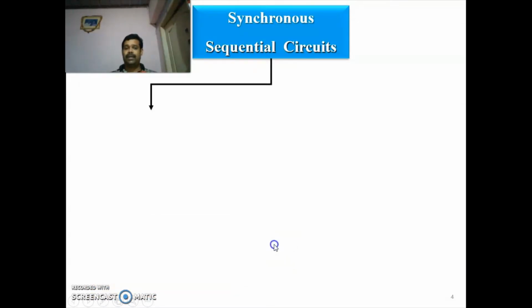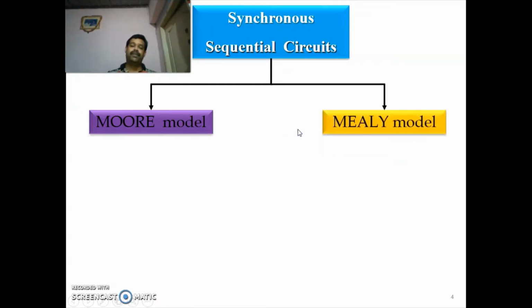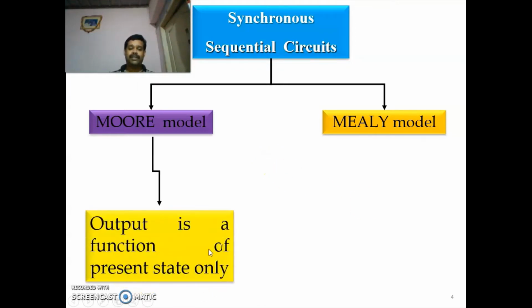Synchronous sequential circuit is also called clocked sequential circuit. In the synchronous sequential circuit, there are two types. First one is Moore model and the second one is Mealy model. In Moore model, output is a function of present state only.